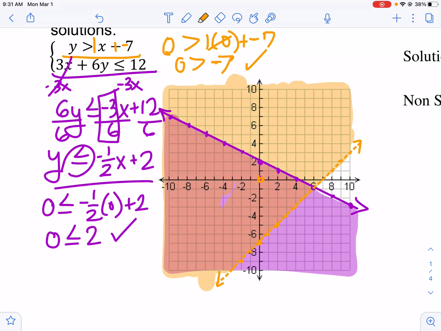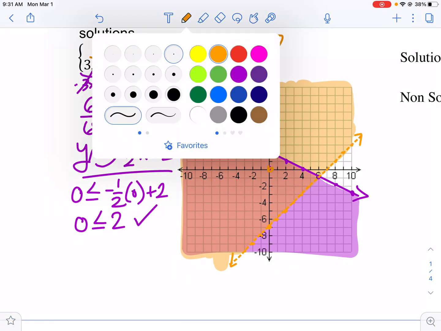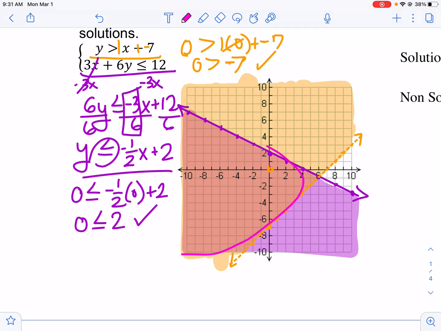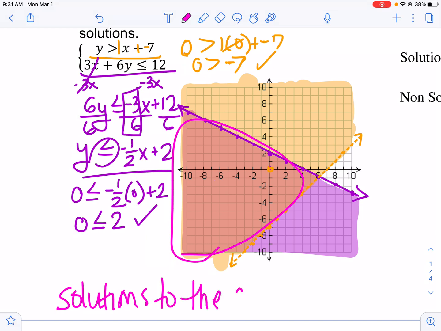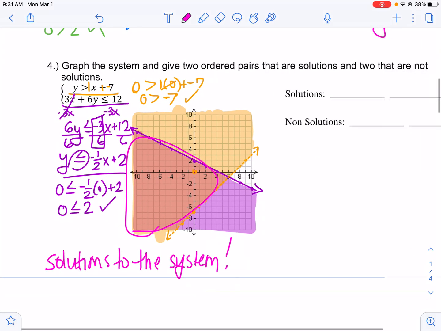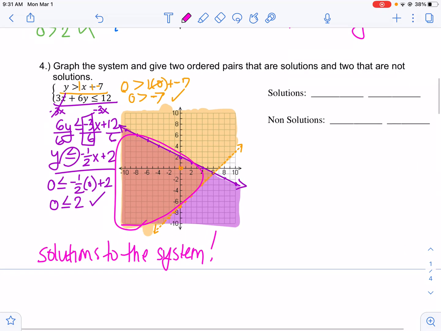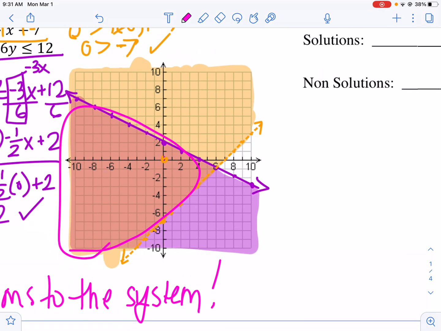And you can easily see, using these two colors, where the solutions to the system are. Again, choose that third color and label your solutions to the system, where the shading overlaps. You'll pick 2 points that are solutions and 2 points that are non-solutions. Plot them on your graph so you can see. I'm going to choose 0, 0.